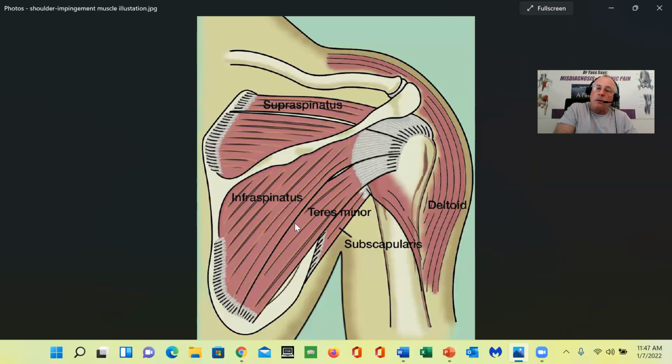This pulls down. So as the deltoid pulls the arm bone out, this portion, the infraspinatus and teres minor and the subscapularis as a factor, will pull the head of the arm bone down, which stops the opportunity for the head of the arm bone to rise into this area, which is called the subacromial space, the space below the shoulder blade portion, which is above the head of the arm bone, known as the acromion.